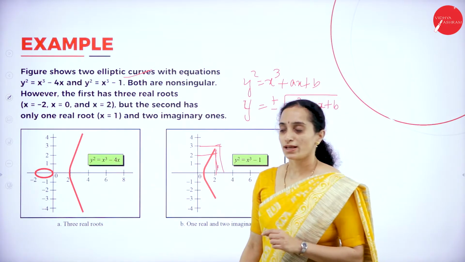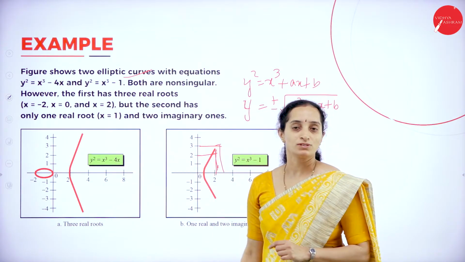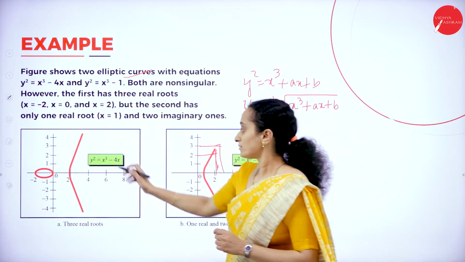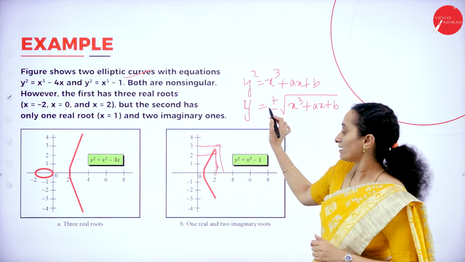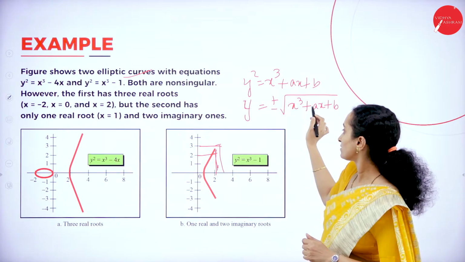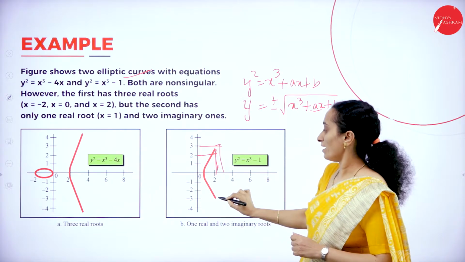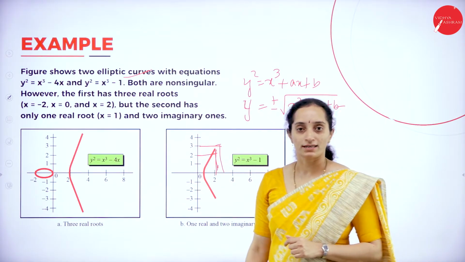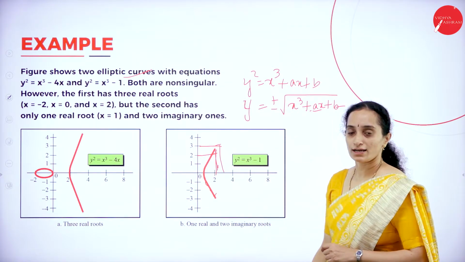That means you can have positive values as well as negative values in the elliptic curve. It takes y = ±√(x³ + ax + b), where a and b are constants, and we take the points A and B on the curve.